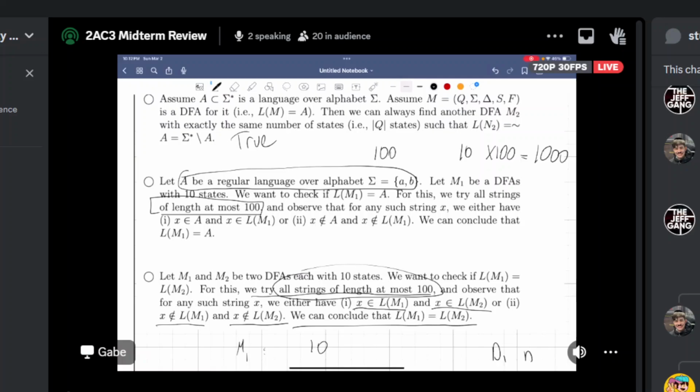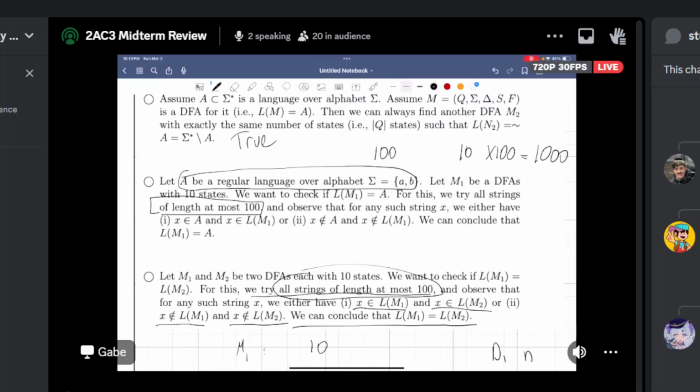Then your regular language could be the set of all strings of A up to length 100, like A up to A to the power of 100. And then it just stops, and that was a pretty clear counterexample. Oh, okay. So this one was an easy one with a counterexample. It's the ones that don't have a counterexample that I always stare at for a while, wondering if they're true or if I'm missing something.